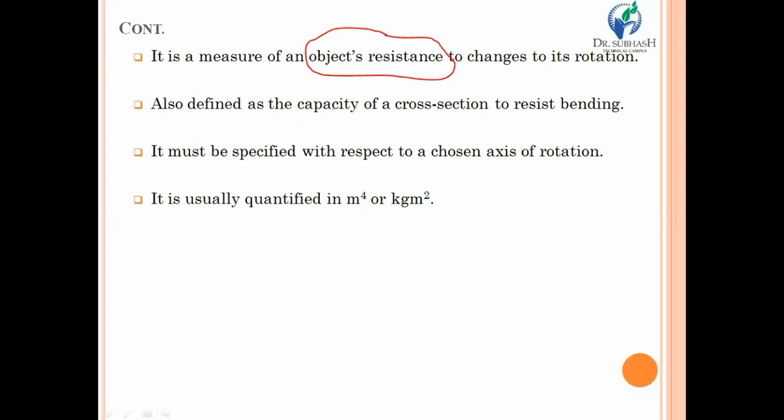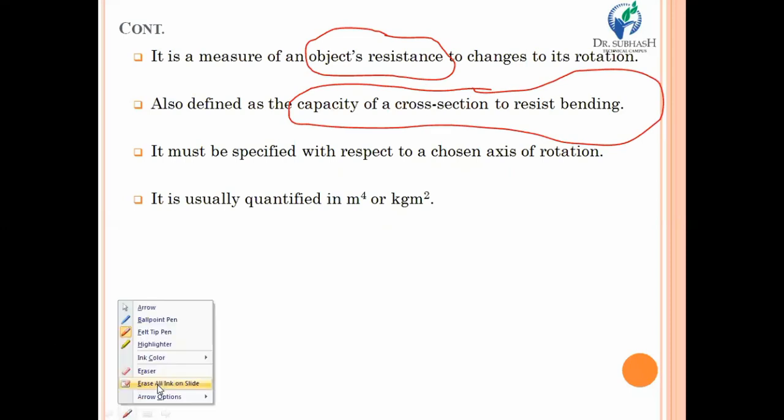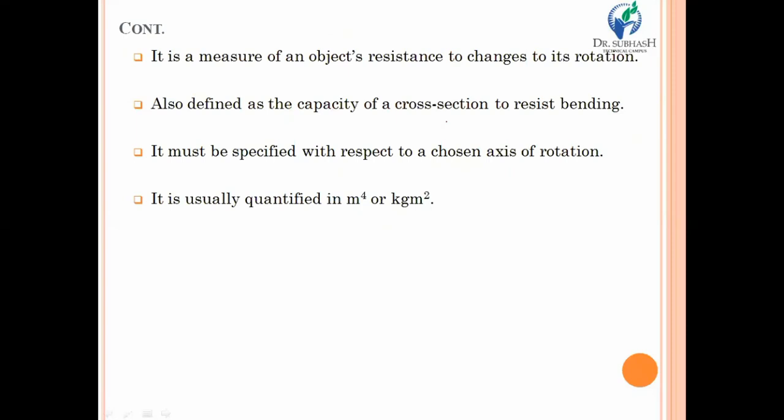It also defines the capacity of a cross section to resist bending. A higher moment of inertia clearly defines the resistance capacity of that particular cross section against external loading.